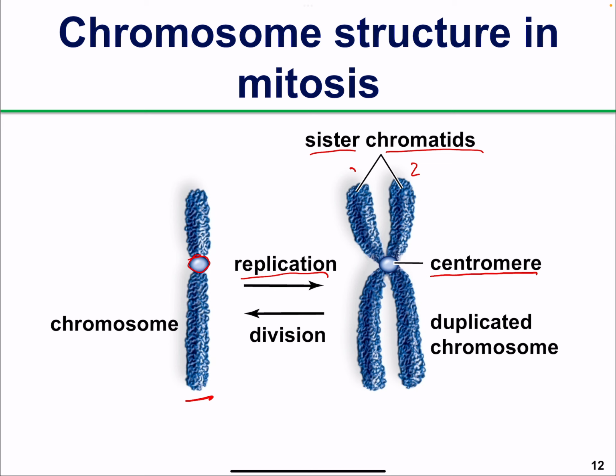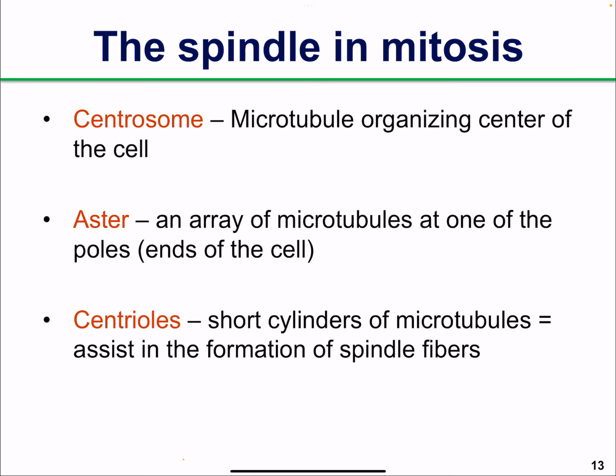And during cell division, now the two sister chromatids are going to go apart, one going toward an opposite direction. All right. The centrosomes are going to be essential for the development of the mitotic spindle. This mitotic spindle are nothing but microtubules that are part of the cytoskeleton.